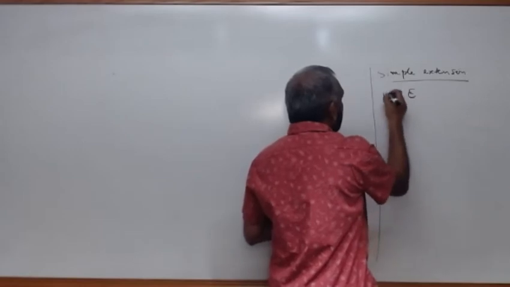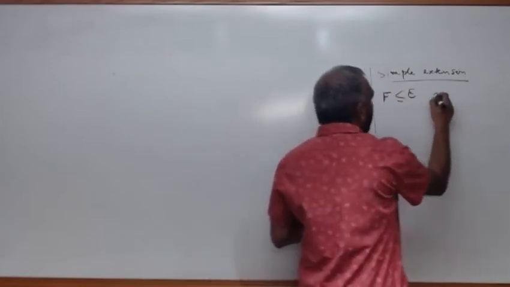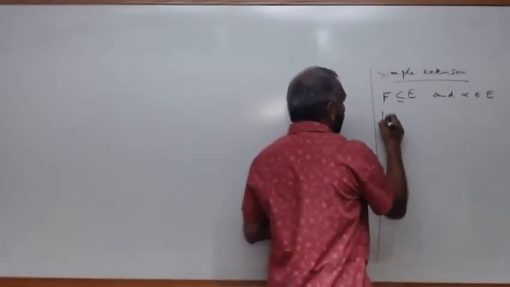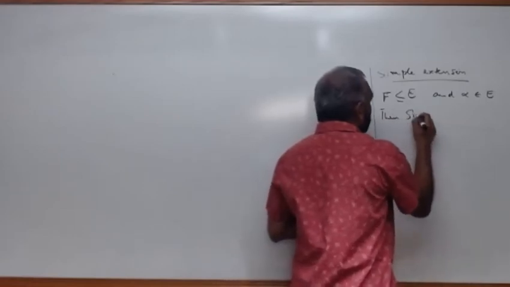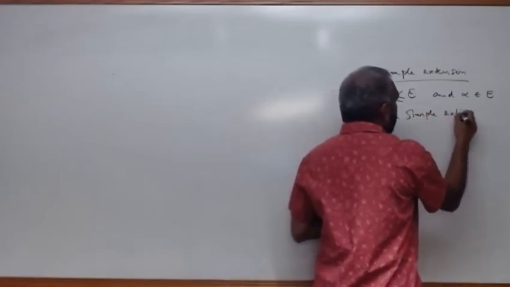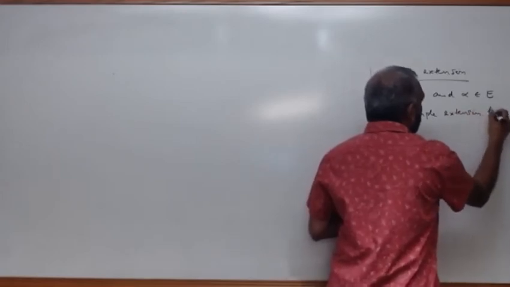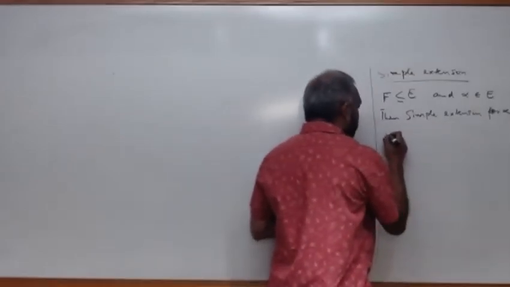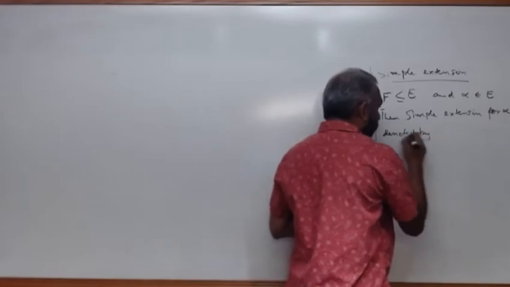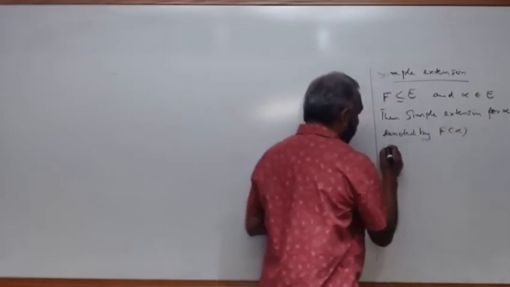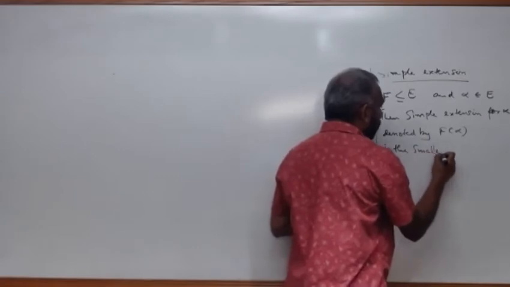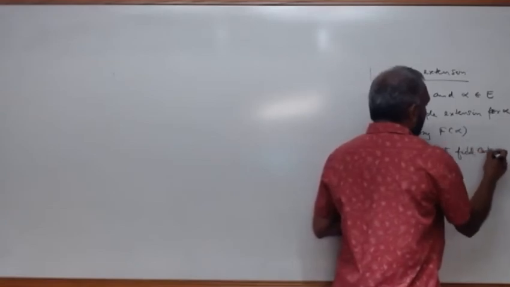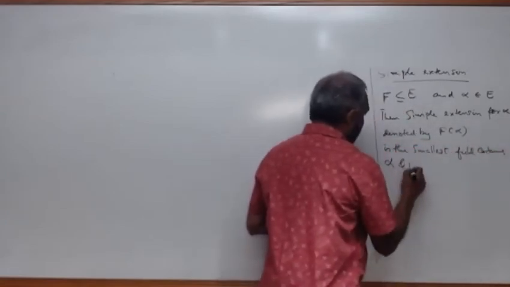If E is an extension of F and alpha belongs to E, then the simple extension for alpha over F, denoted by F(alpha), is the smallest field containing alpha and F.